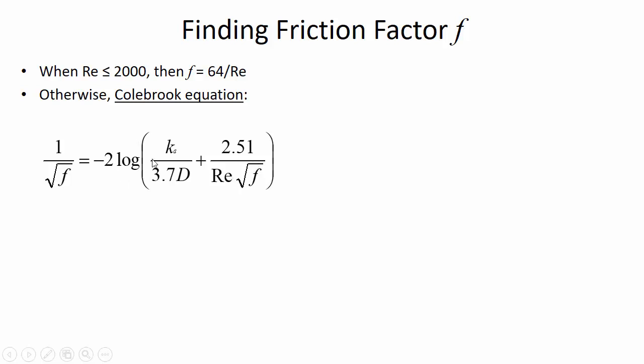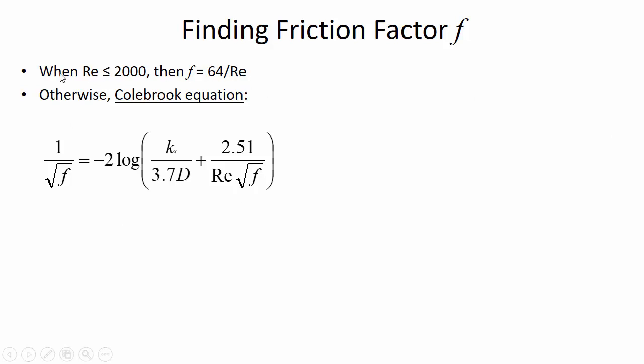So no amount of algebra is going to allow you to isolate that variable F and solve for it directly. It's an implicit equation, which means that you have to guess what the F value might be and check to see what's the result of the left-hand side and the result of the right-hand side, and if they equal each other, then your guess value for F is correct. So this is the most accurate way of calculating F.